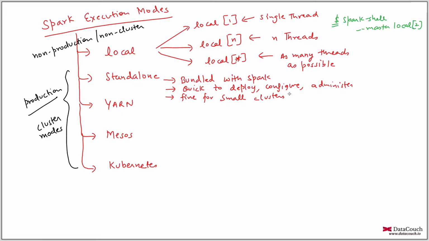But if it is going beyond 100 or 200 nodes, then we need to think about scalability. So it is fine for smaller clusters, but not for large clusters. So it is less scalable, and it is very quick to start and deploy, configure, administer.